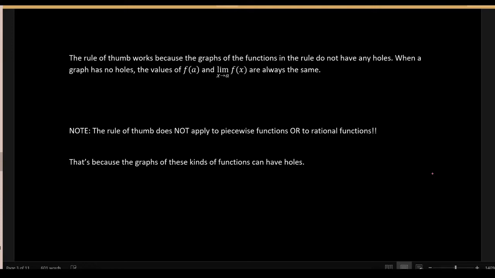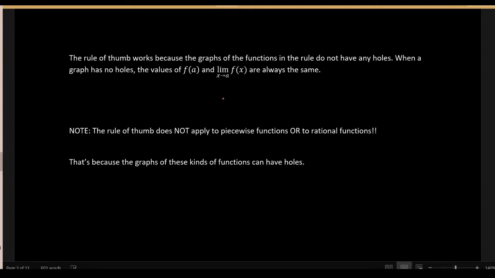And what we saw a few minutes ago was that really the only time when the limit and the function's value were different occurred when there was a hole in the graph. And that doesn't happen with the functions in this list. That's why the behavior of the function at a is the same thing as the behavior of the function near a for these specific kinds of functions.